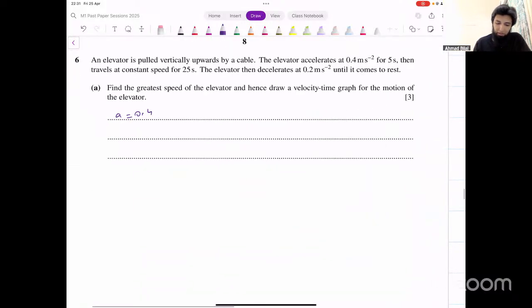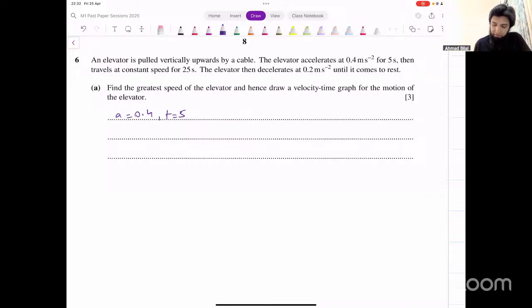Okay, now we've got an elevator for which the acceleration is 0.4 for 5 seconds. So it accelerates at this constant acceleration for 5 seconds and then travels at constant speed for 25 seconds.